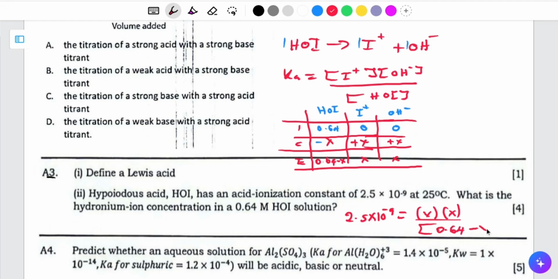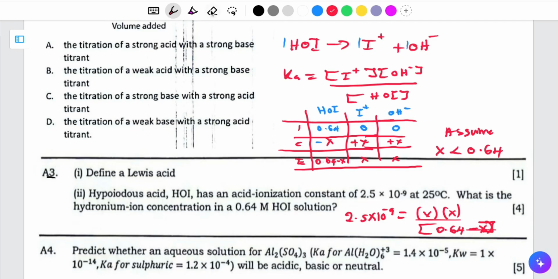Here we can just assume that x is less than 0.64. If we assume that, meaning we are going to ignore it, we are going to discard it.